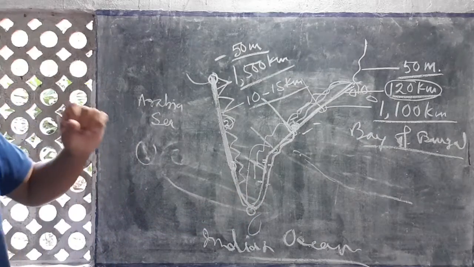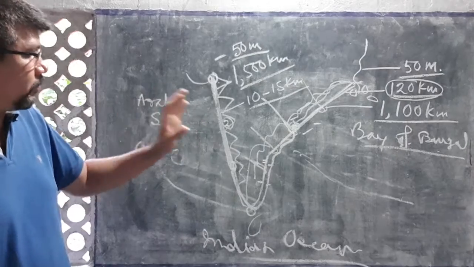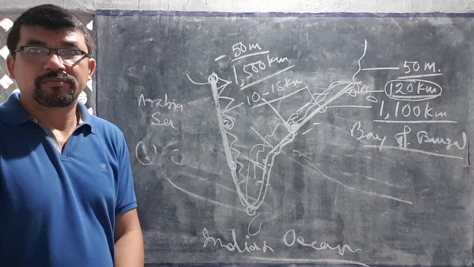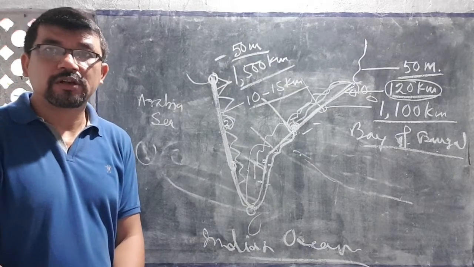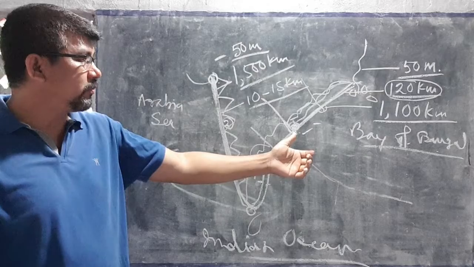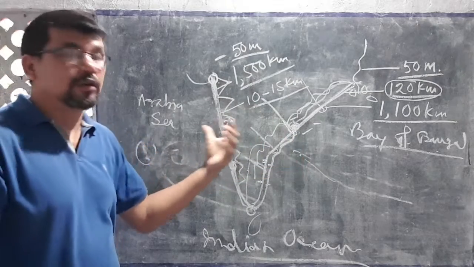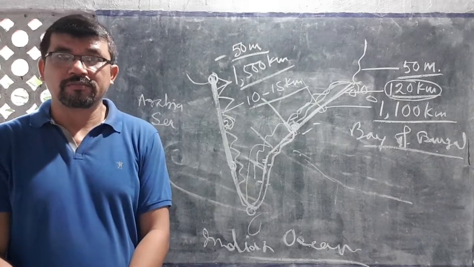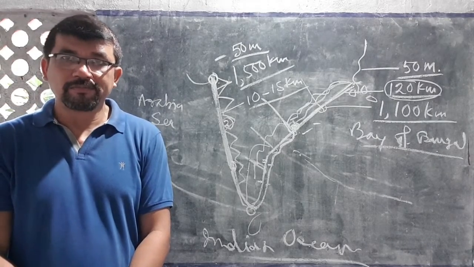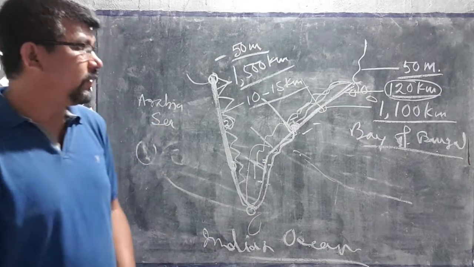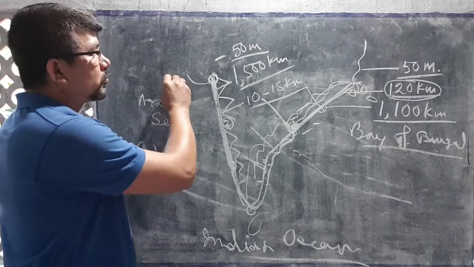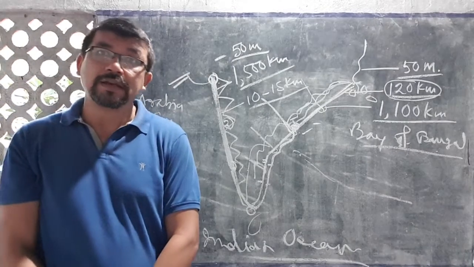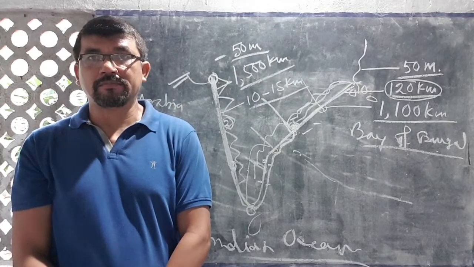And another important question is the difference between these two coastal regions, the eastern coastal region and western coastal region. It is also important. Okay? So, this is all about the coastal region of India, which is number 4 physical division of India.